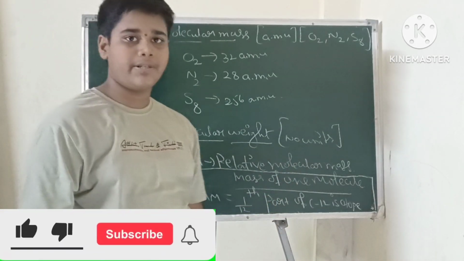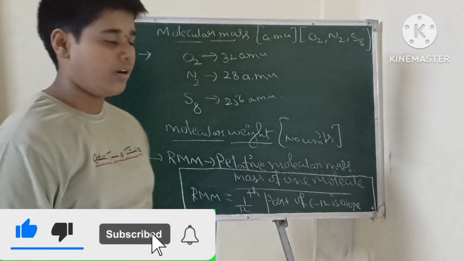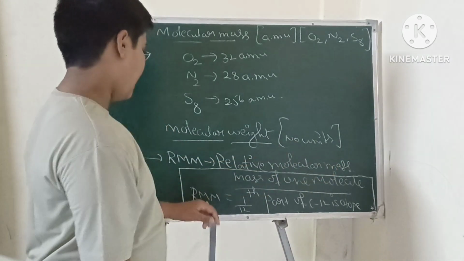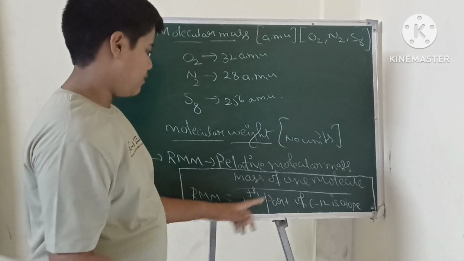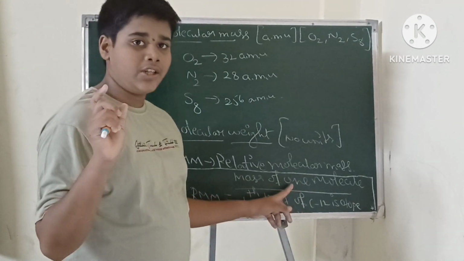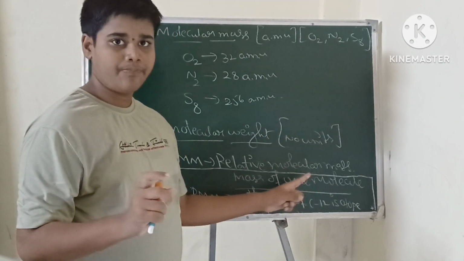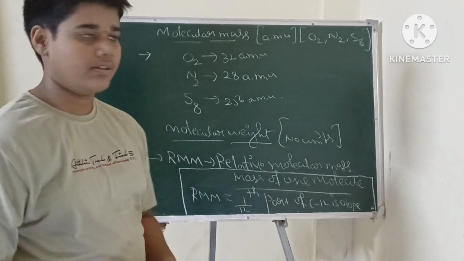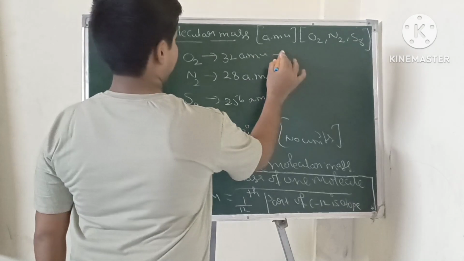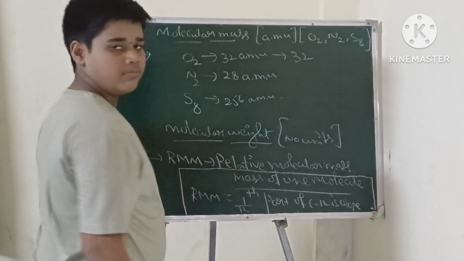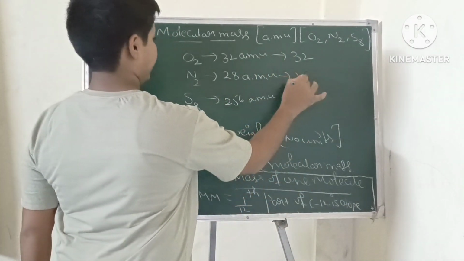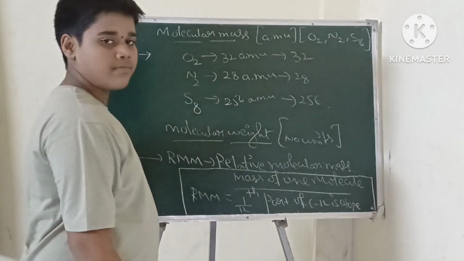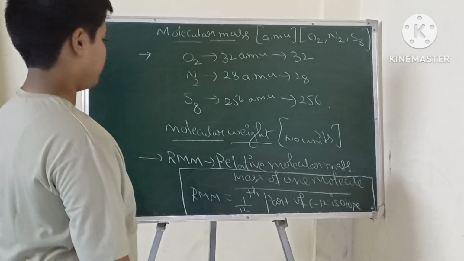Here there is no difference between atomic weight and molecular weight in terms of units, and there is only one change: in atomic weight we use only one atom, and in molecular weight only one molecule. For example, oxygen means 32, N2 means 28, sulfur means 256. Okay, note down.